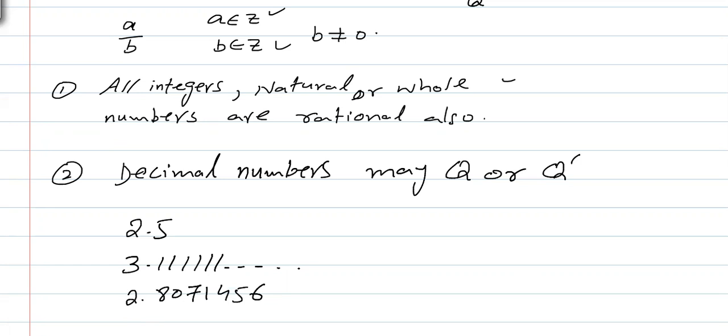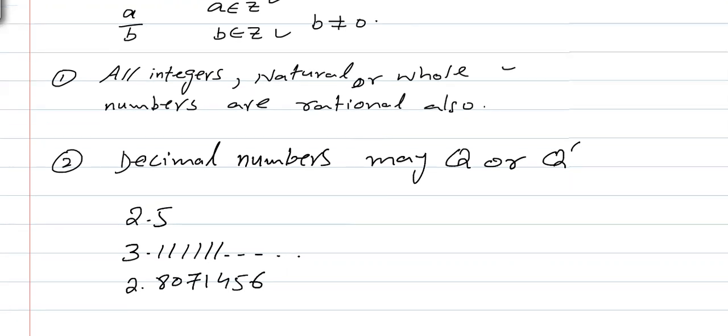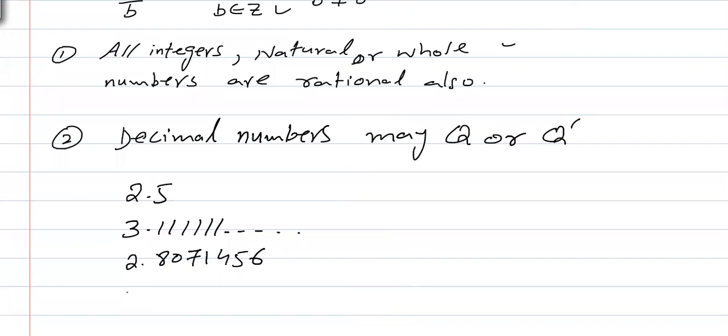Okay, let's take another example. If you look, these are all decimal numbers, but there are certain differences in them. First of all, look at this one: example number one, example number two, three, and four.